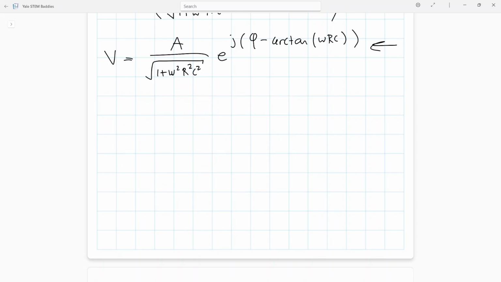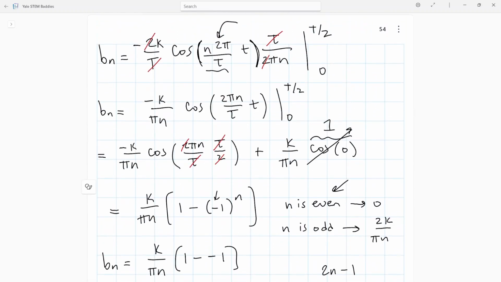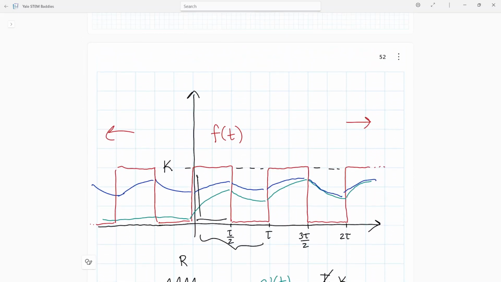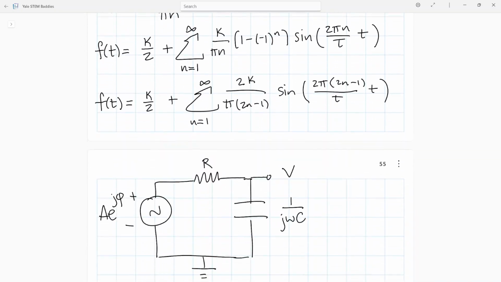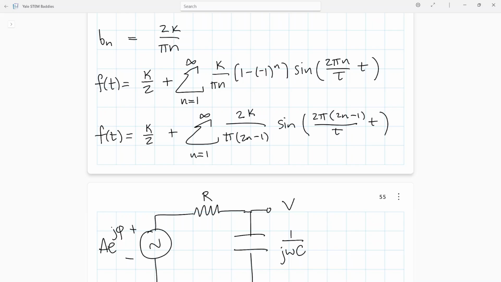And that's perfect, because what we saw is that the signal we are inputting, this f of t, even though it doesn't look like a purely sinusoidal signal, can be represented, as we've shown, using a sum of purely sinusoidal waves right here.